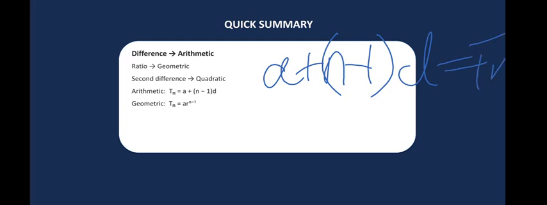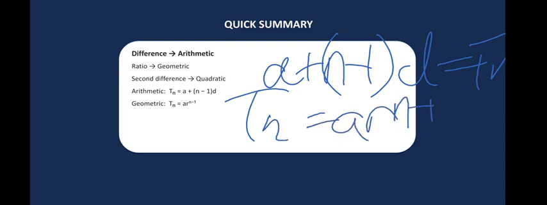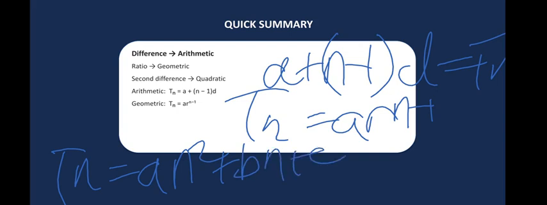For a geometric sequence, Tn is equal to a r to the n minus 1. And for a quadratic sequence, Tn is equal to an squared plus bn plus c.